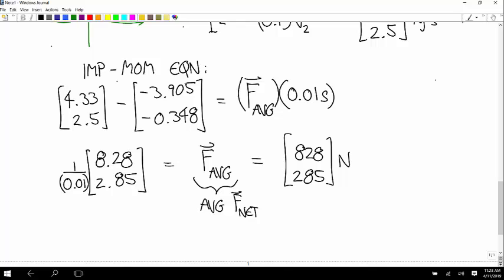We calculated that, and then we divided by 0.01 to isolate the average force. But wait, I don't see the 1 in there. What 1? It adds up on the left side, but when you divide it by 0.01, how do you get divided by 1? No, multiplying by 1 over 0.01 is the same as dividing by 0.01.